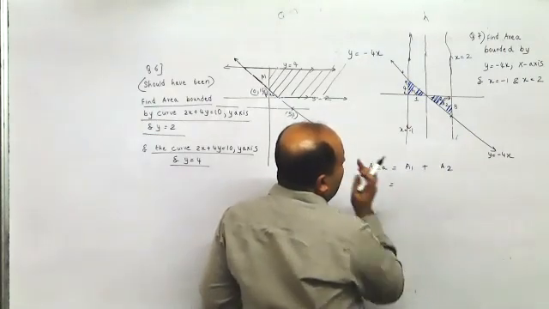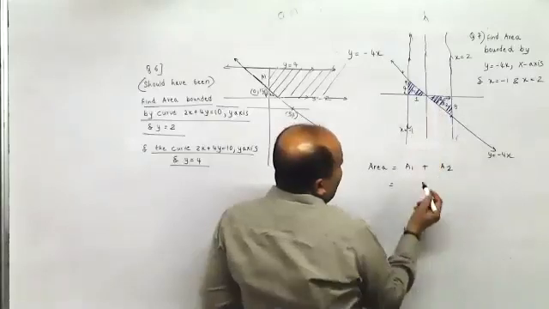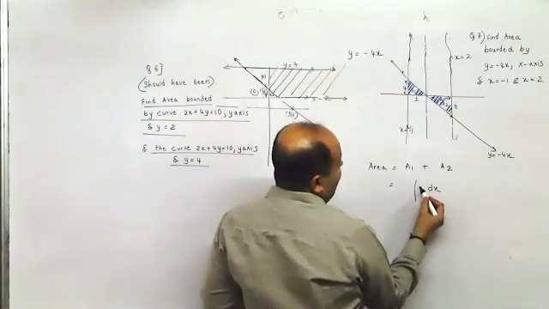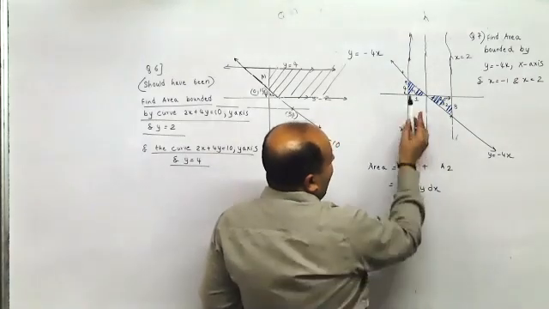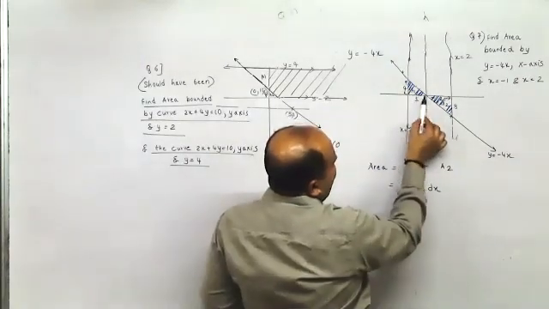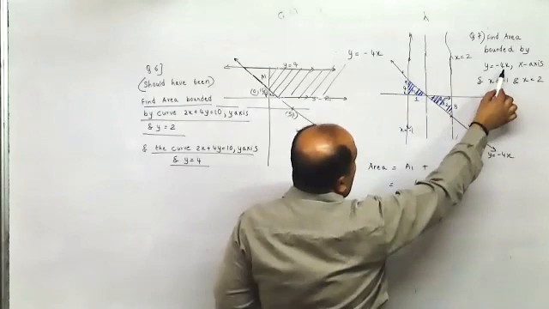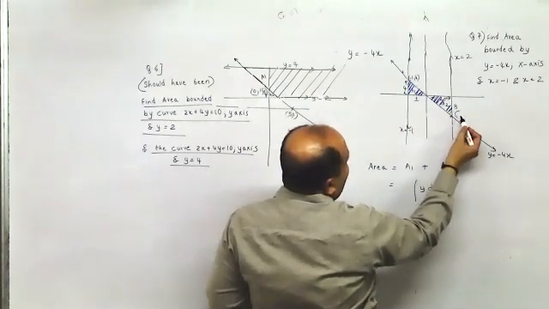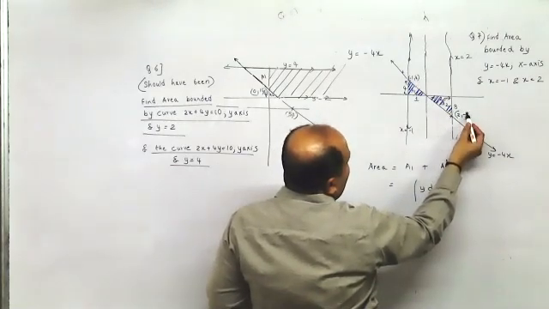What is A1 here? A1 is this curve and the x-axis. I'll write y dx here, between this point, y equal to minus 4x. So minus 1, and this would be minus 1 comma 4, and this would be 2 and minus 8.